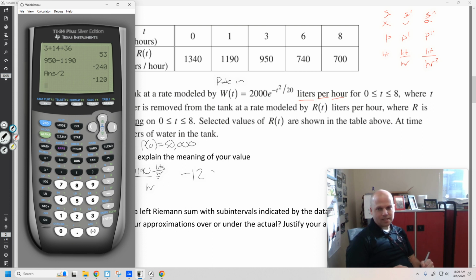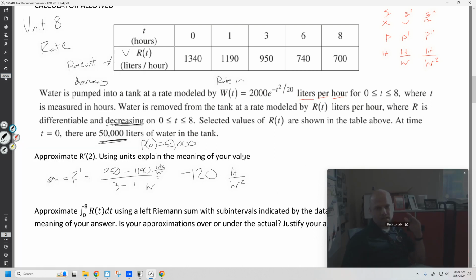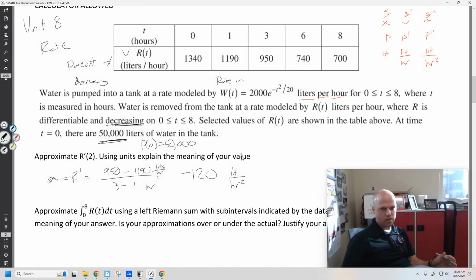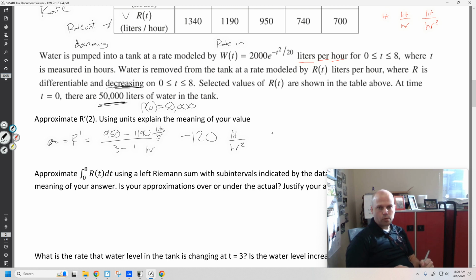Negative 120, it's not liters per hour, it's liters per hour squared. It's an acceleration. It's a rate of change of a rate of change. So we would say R is decreasing at 120 liters per hour squared.